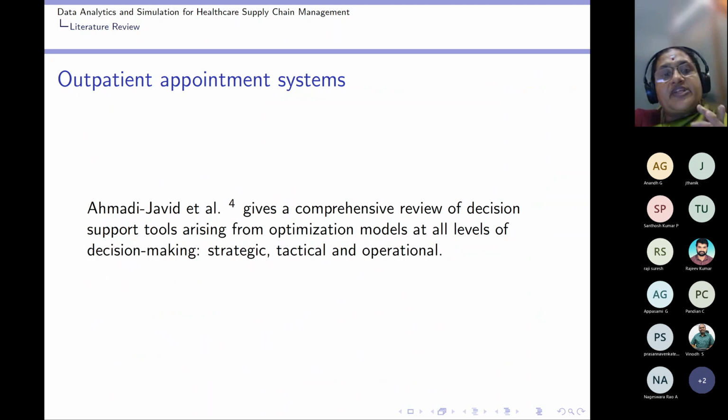We further looked at what decision support tools are available in outpatient appointment systems. We saw that this paper by Ahmadi Javed gives a comprehensive review of decision support tools from optimization models.